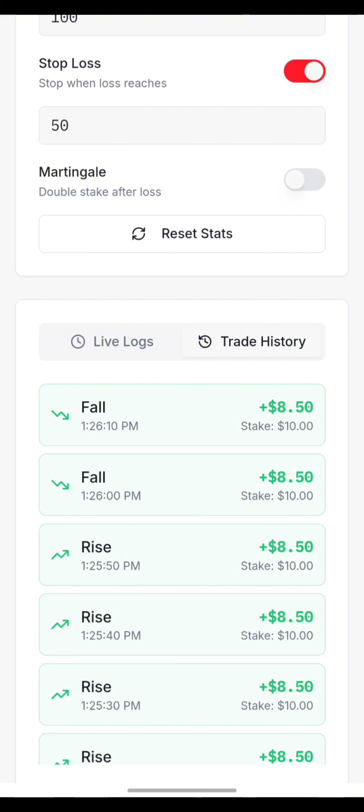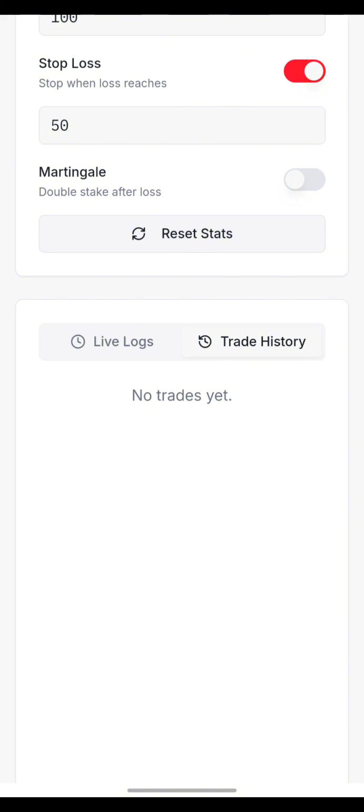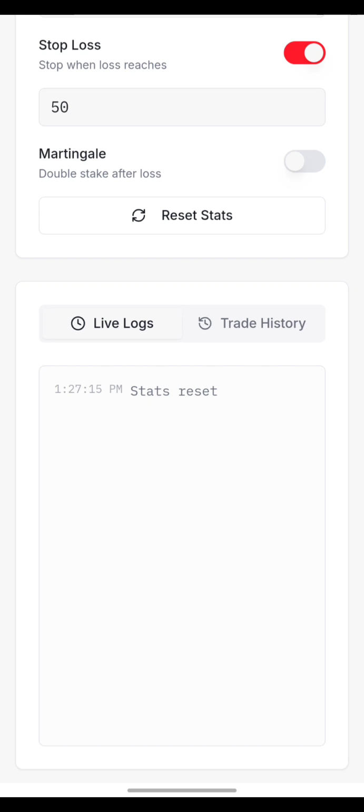One important thing that I forgot to tell you is that you need to make good use of this. Anytime after hitting your profits, make sure that you reset your stats. If I reset my stats, you see it erases the past trades, and it also erases the past live logs.